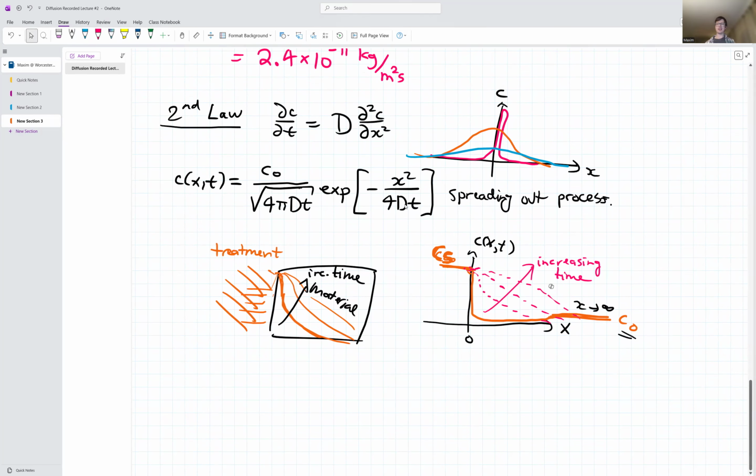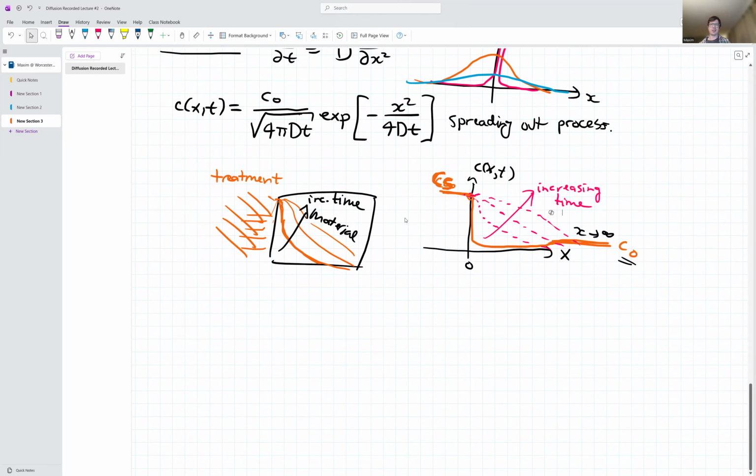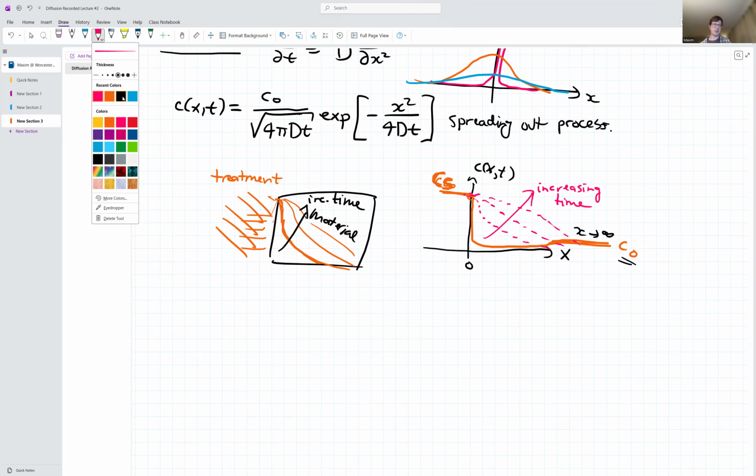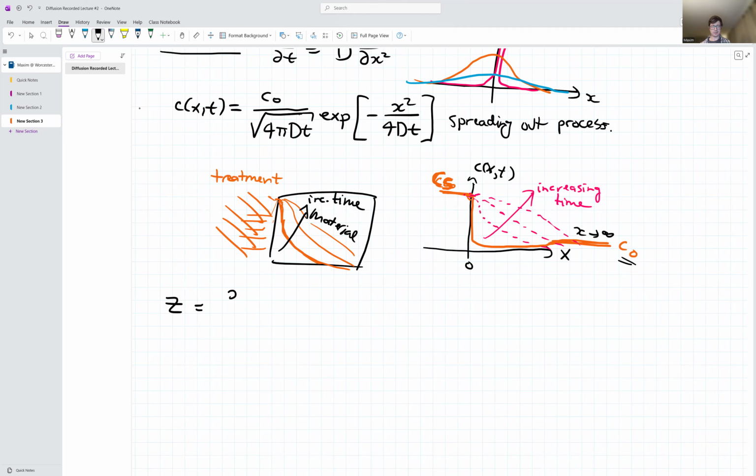So there's a fundamental variable on which things depend, this diffusive variable, which I'm going to call z. It's the position that we're at divided by the square root of 2 times the diffusion coefficient times the time.